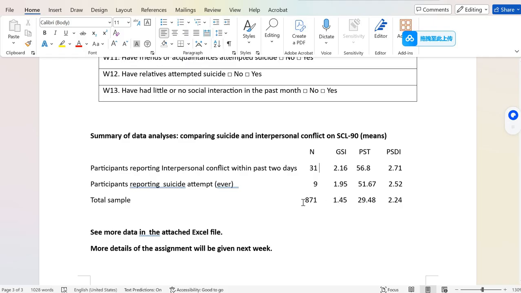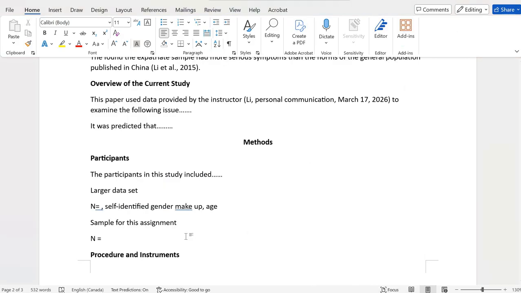In the methodology section, you talk about the number of people in the sample, and how many had suicide attempts, and how many had interpersonal conflict. The demographics of this sample are assumed to be the same as the larger sample.